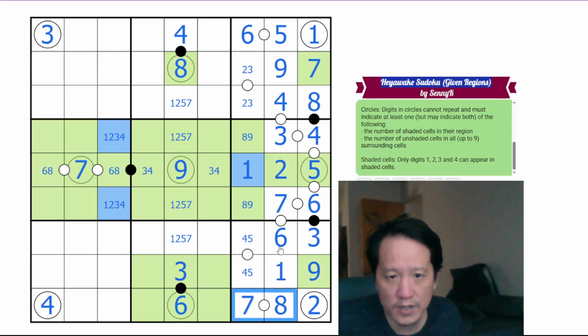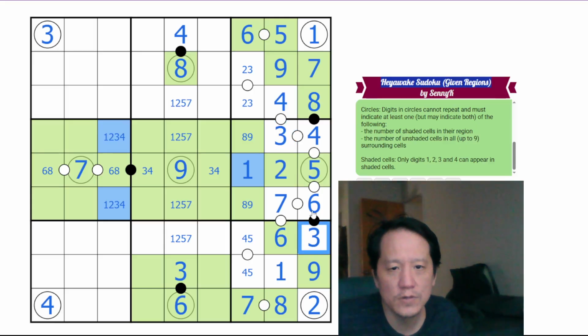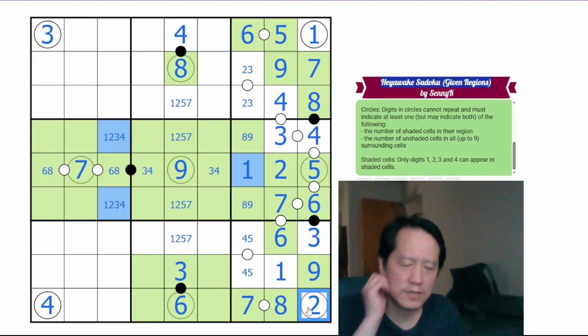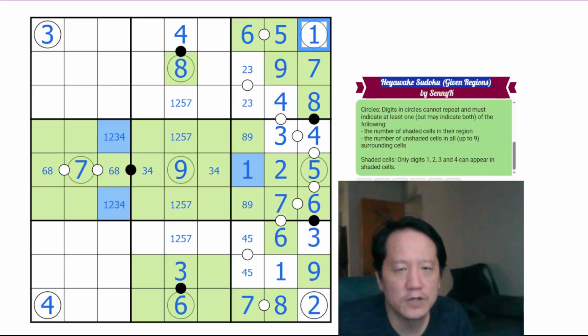So 7, 8, 9, 5, 6, 7, 8, 9 are all unshaded. 6, 7 is unshaded. That's fine. You could have 1 shaded here. Could have 1, 2 shaded here.